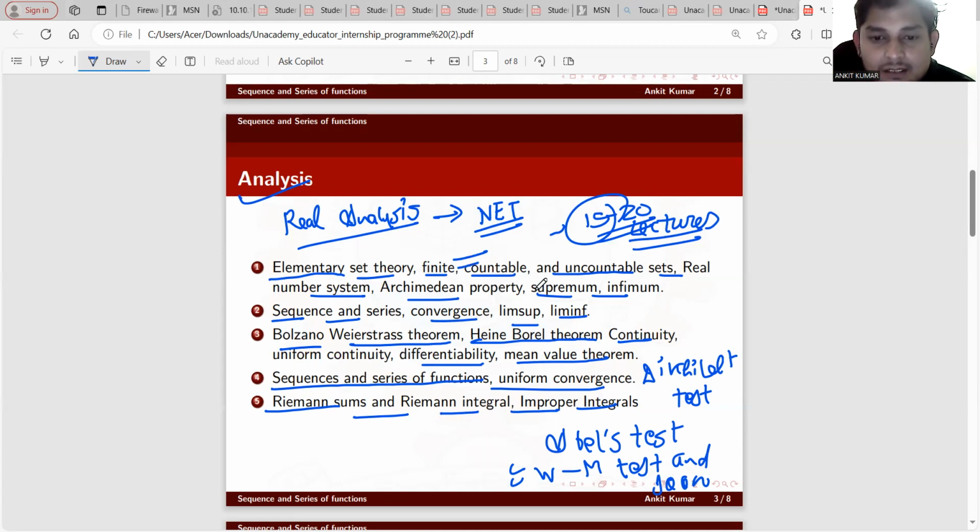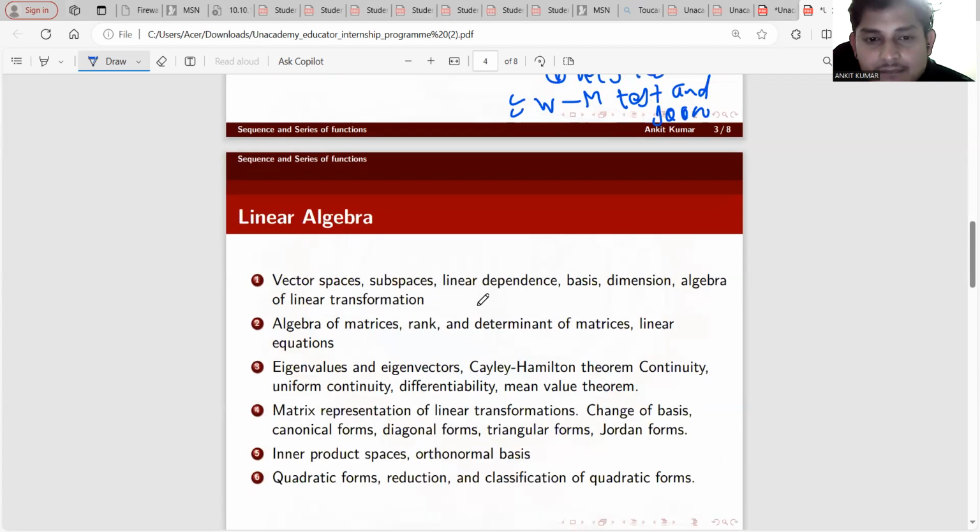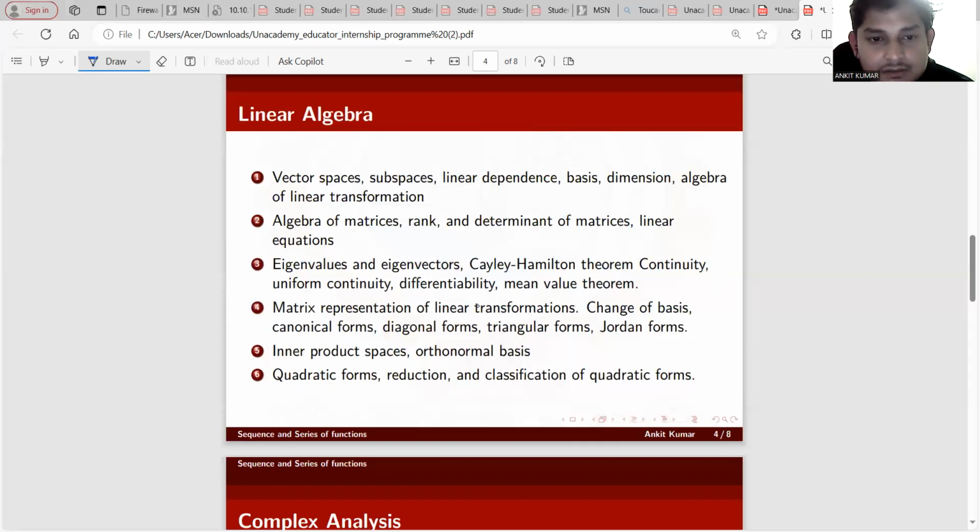Okay. Now I will move to linear algebra, which is the other part of unit 1. Unit 1 has real analysis and linear algebra.